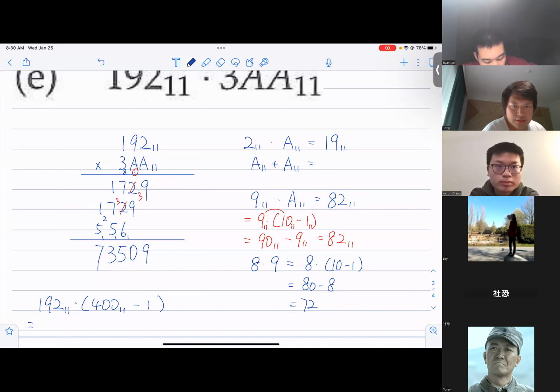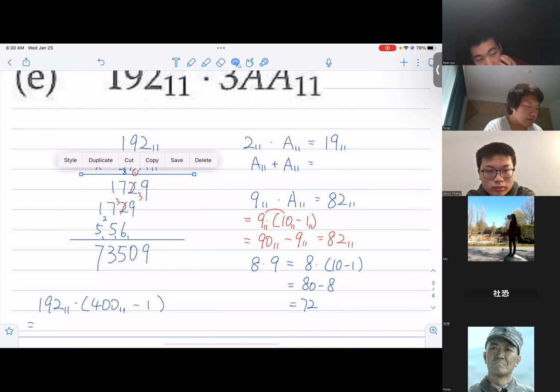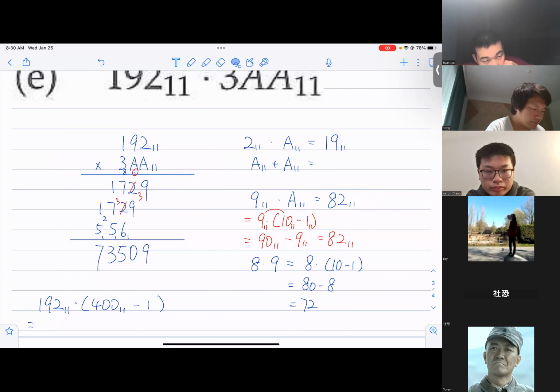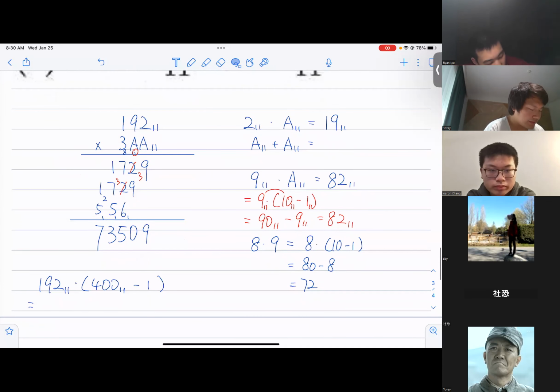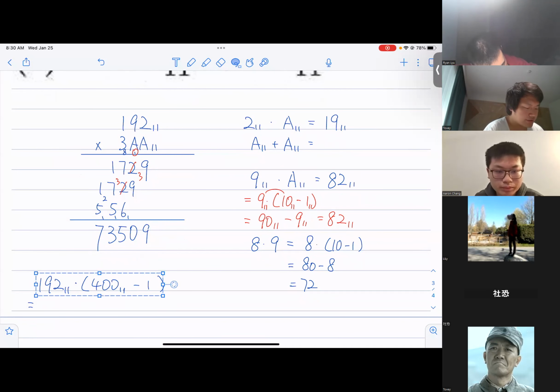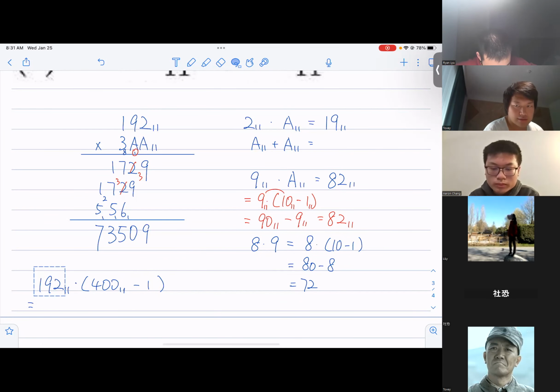Okay, I'll just continue. I just found that I made a mistake here, in question E, because you see this 9 times A is A2. So I wrote down the 2, but I forgot there's a carryover, right? It should be 3. I was having this weird feeling that this is not correct, because if you do a quick calculation here, it's 192 times 400, you end with 2 zeros, and when you minus 1 times 192 is 192, right?